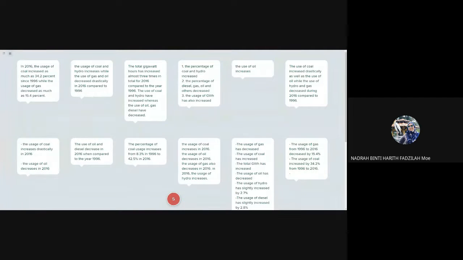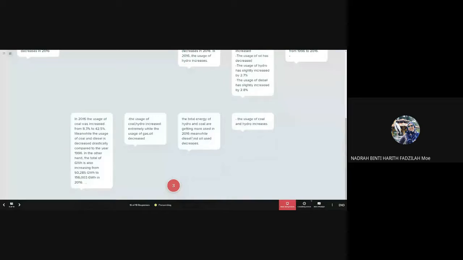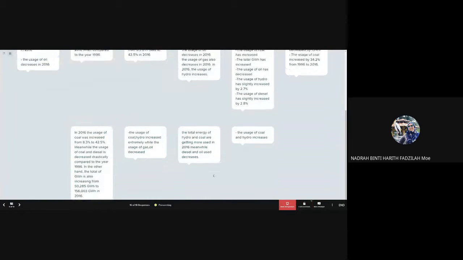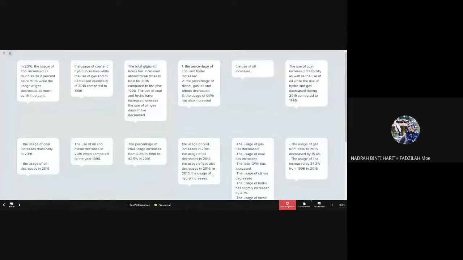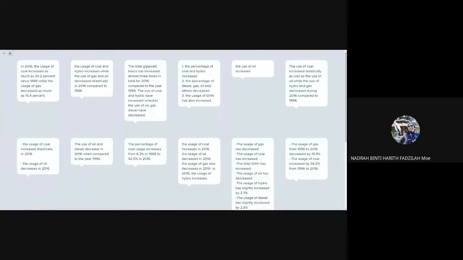And then kalau dia nak pergi ke lebih mendalam lagi, kita bagi tahu pula why the differences occur. For example, katalah kamu buat observation pasal the demand for electricity increases from 1996 to 2016. Macam ada seorang share the usage of gigawatt per hour has also increased.